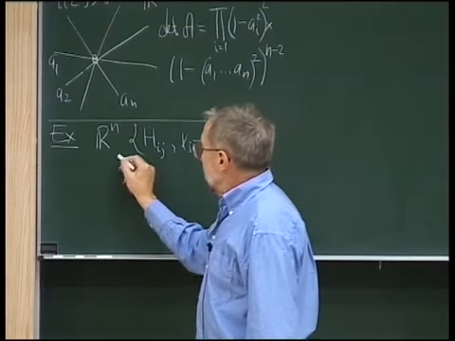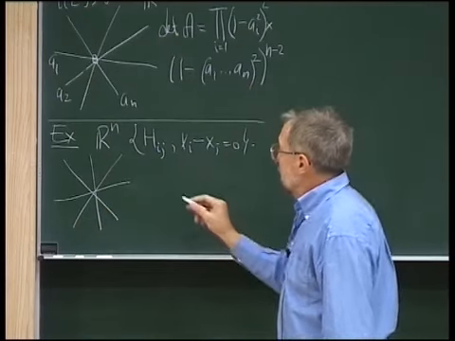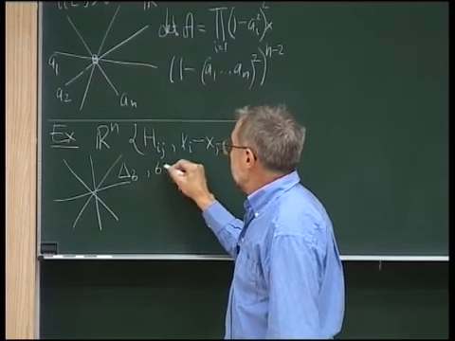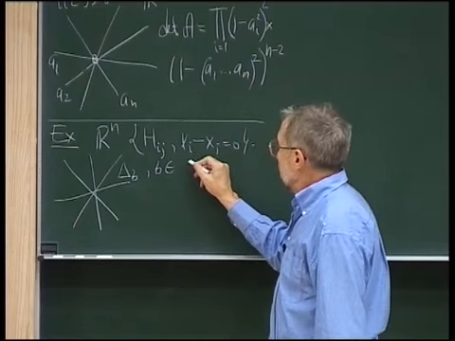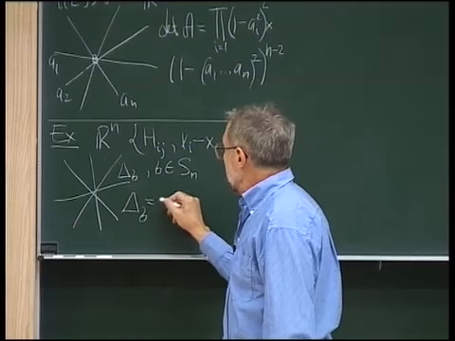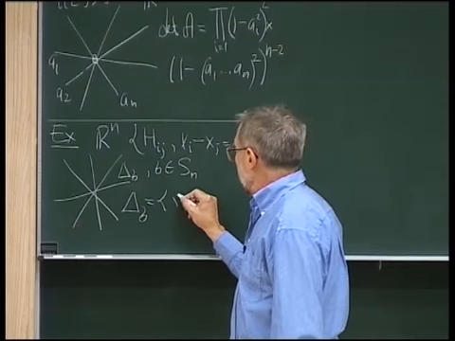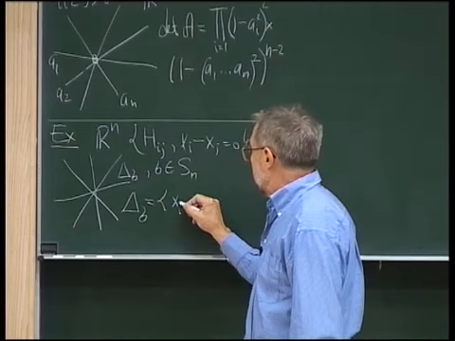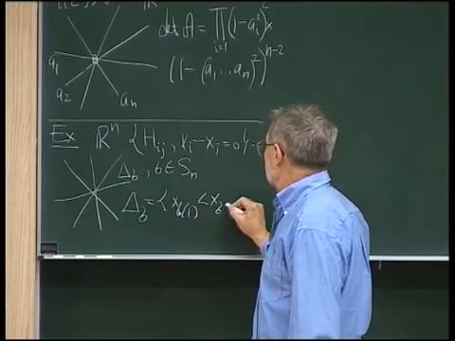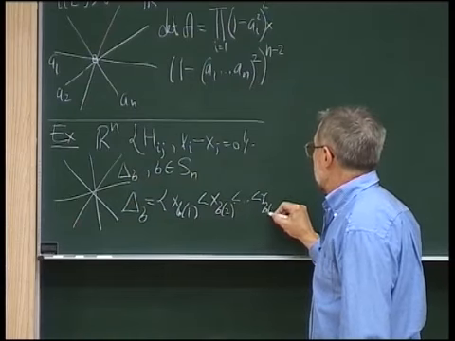So in this case, the domains are labeled by elements of the permutation group, and this domain delta sigma is equal to the set of x's defined by these inequalities: x sigma 1 is less than x sigma 2 is less than ... x sigma n.